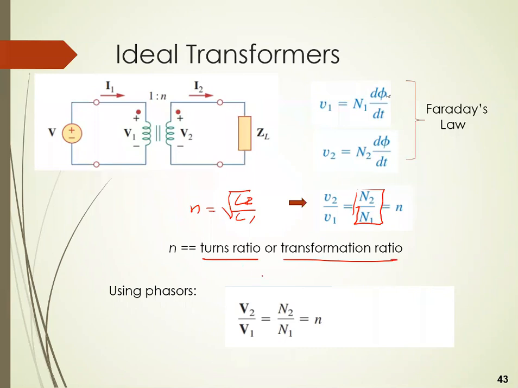So using phasors in this expression will result in this, right? If you divide the two phasor voltages, then it is equivalent to dividing the two turns, the turns in the secondary over the turns in the primary.